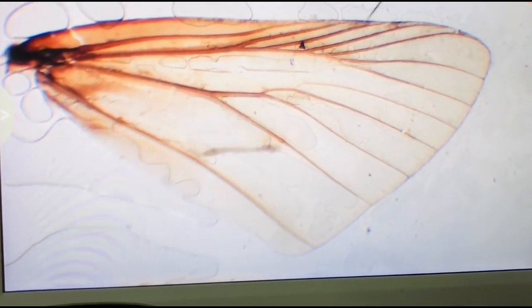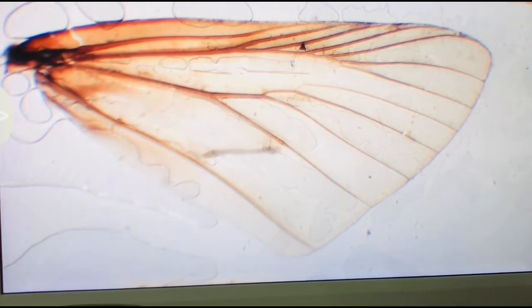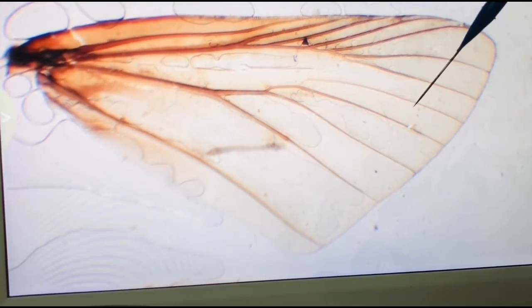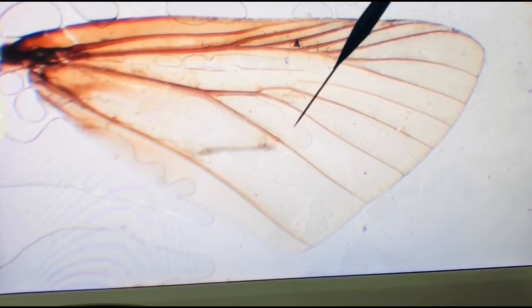So there are longitudinal veins and cross veins. Longitudinal veins are costa, subcosta, radial vein, medial vein and cubital veins. And some cross veins are there, like humeral cross vein, radial cross vein, radiomedial cross vein, medial cubital cross vein. So this is the structure or the shape of a typical wing.